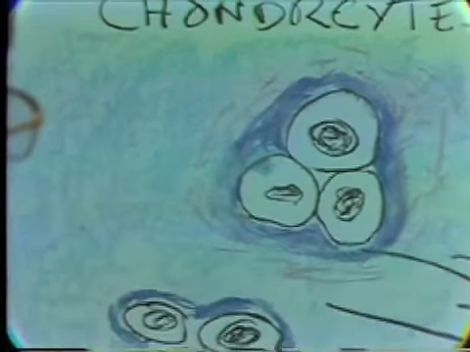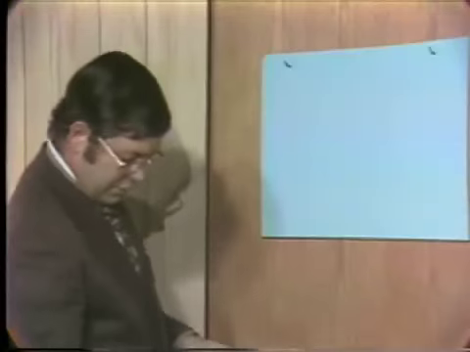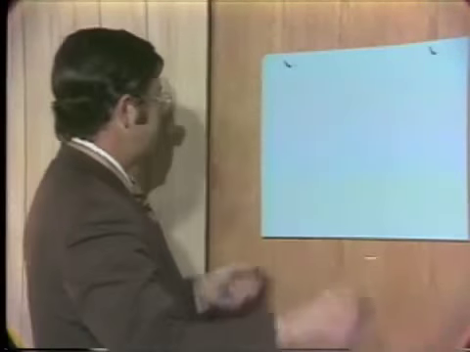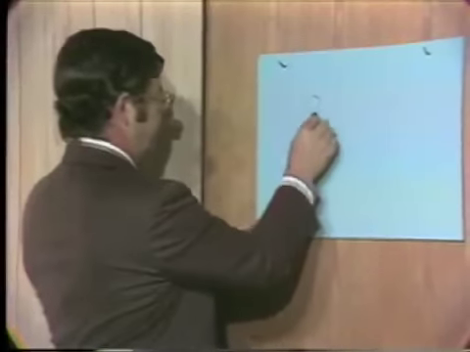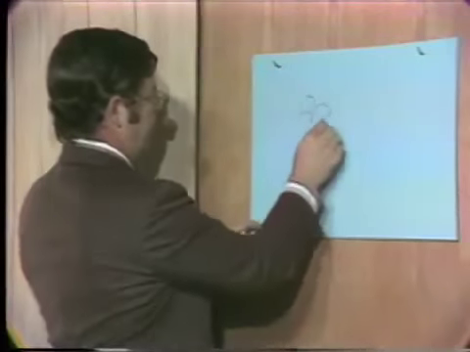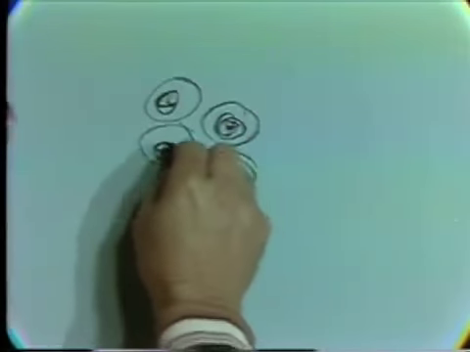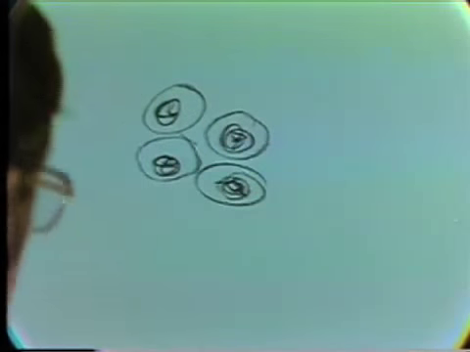Let me sketch for you now the appearance of elastic cartilage. Now, the cells in cartilage are rounded. And the cytoplasm is washed away, at least the components of the cytoplasm. They're high in glycogen and lipid.